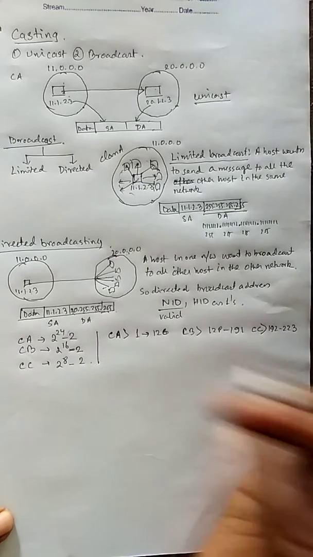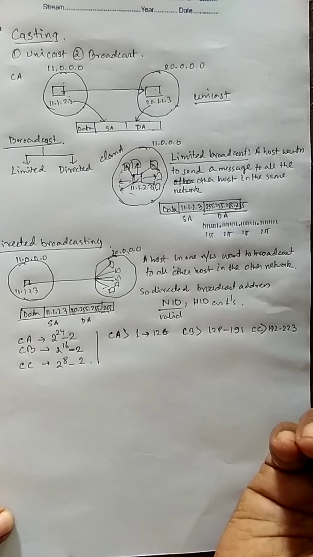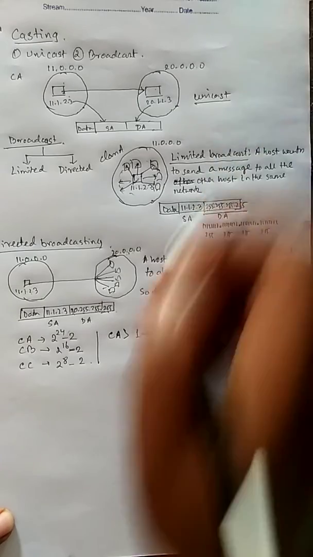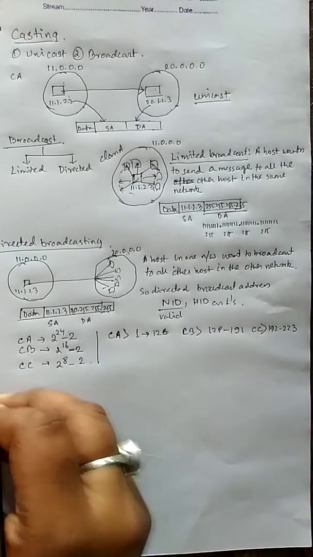Now let us consider one thing. I will give some IP addresses, and we will find the network ID, the directed broadcast address, and the limited broadcast address. Let us make a table.